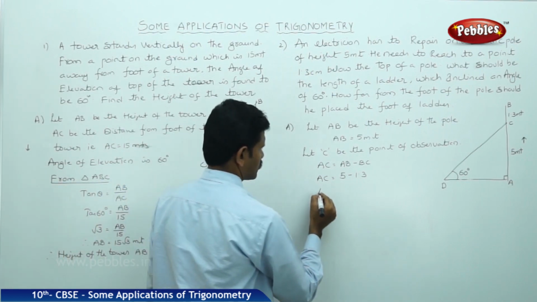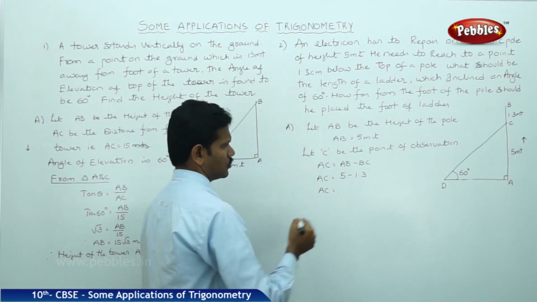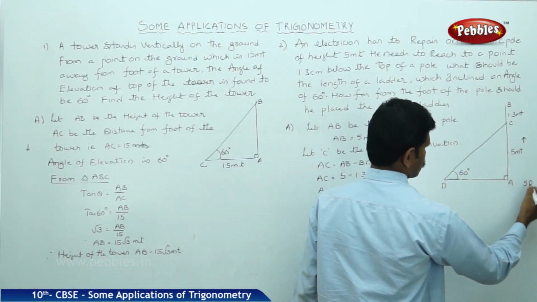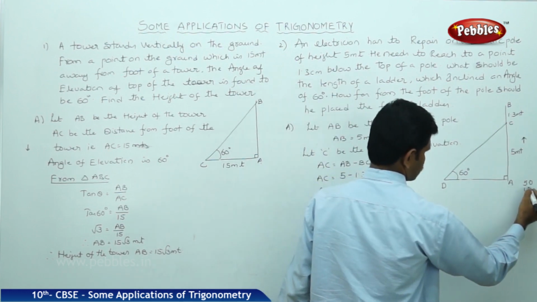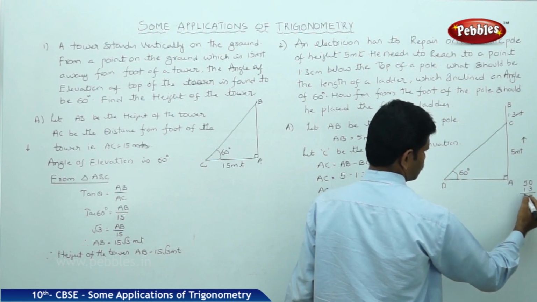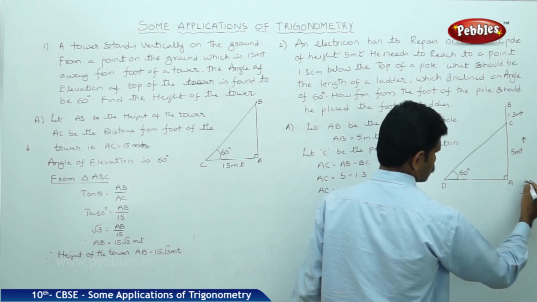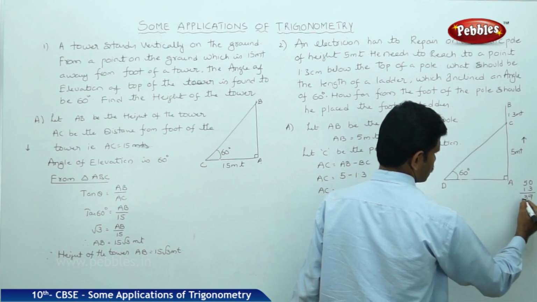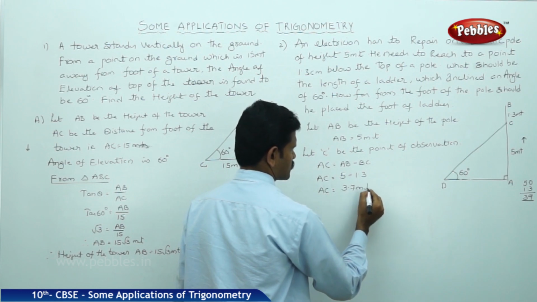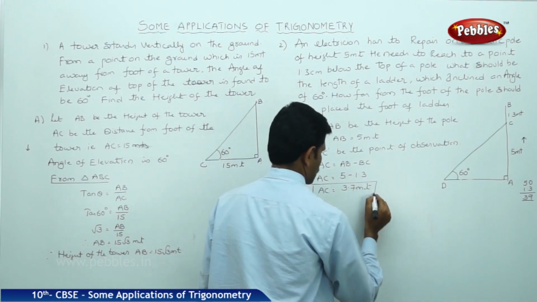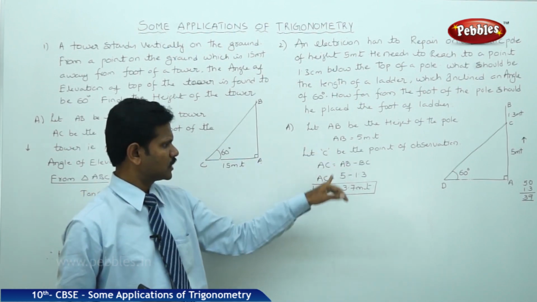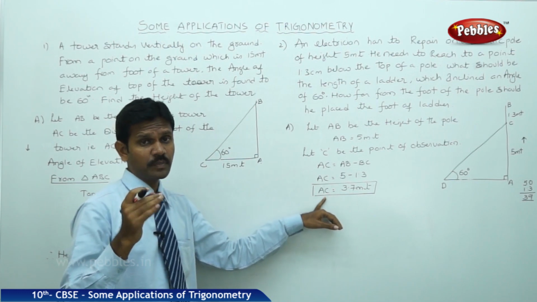That is, AC is equal to 5.0 minus 1.3, that is 3.7 meters, which is the height of the part of the pole. The height of the pole is 5 meters. Now AC is the height of the part of the pole.